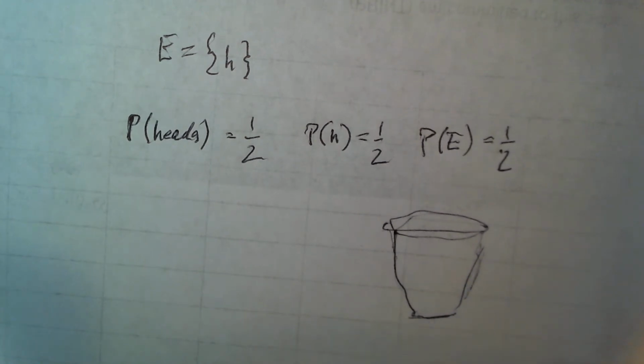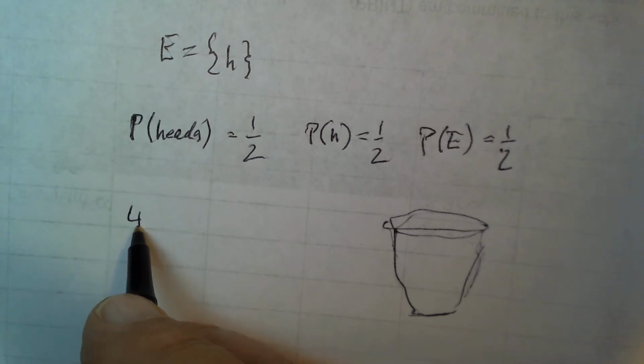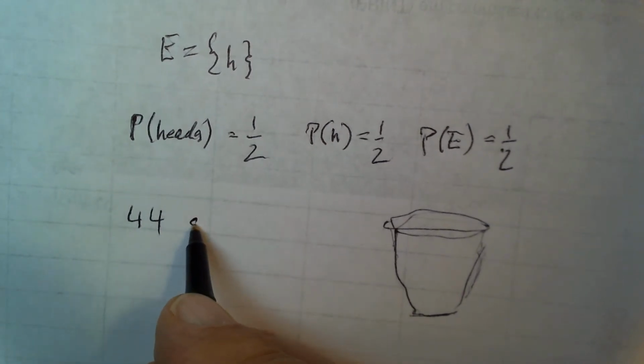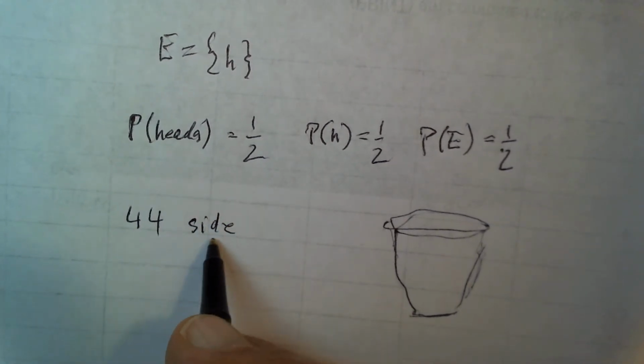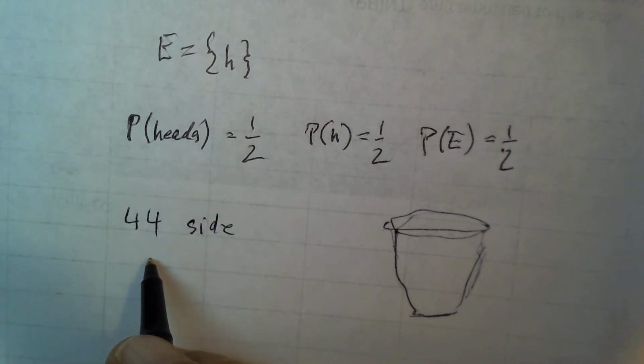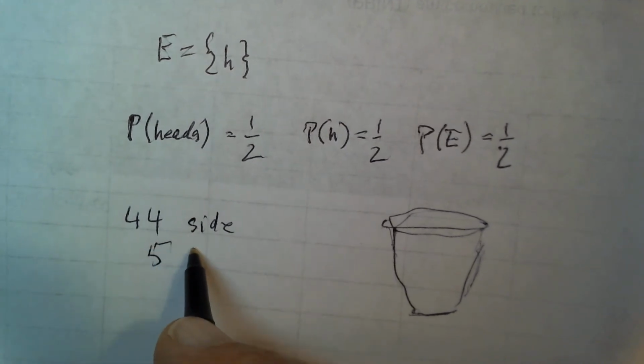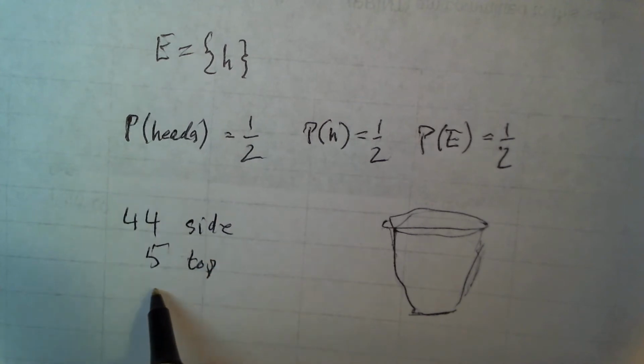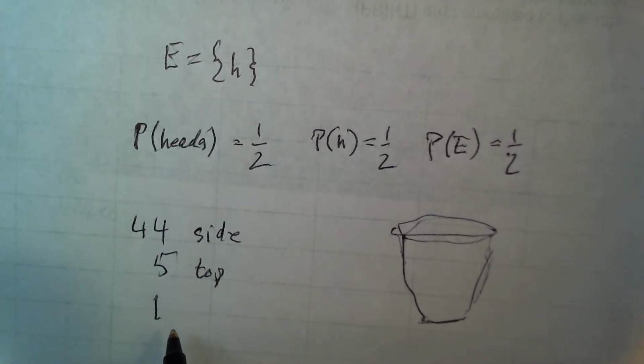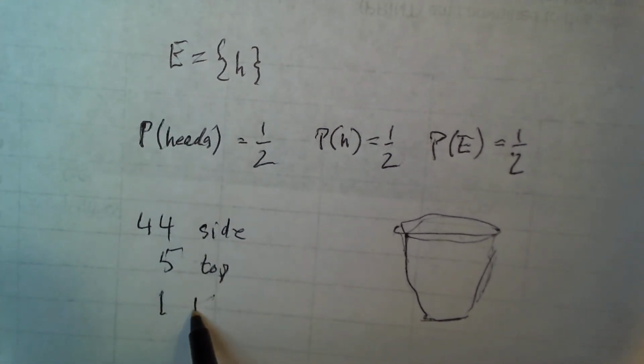If you toss the cup often enough, let's say 50 times, out of 50 times you find out that 44 times it lands on its side, and maybe 5 times on the top, the big top, and 1 time on its base, the bottom.